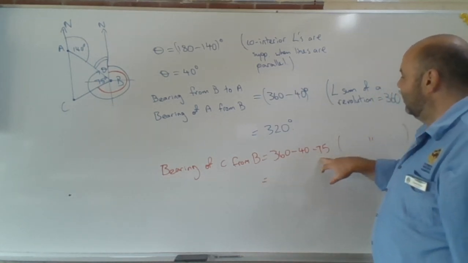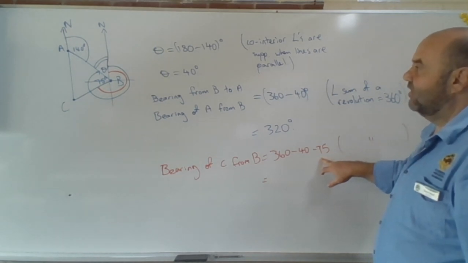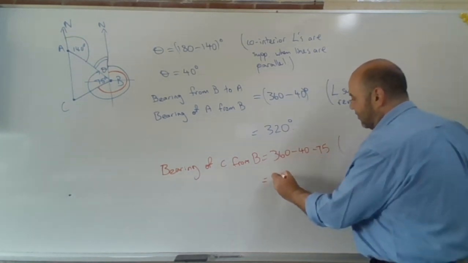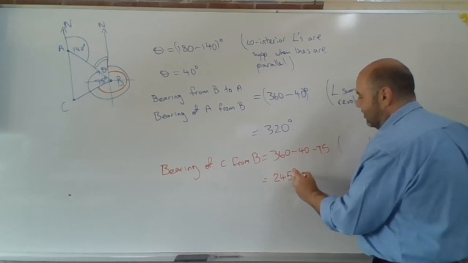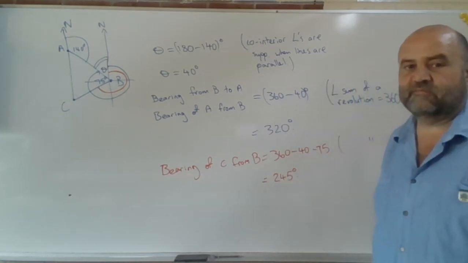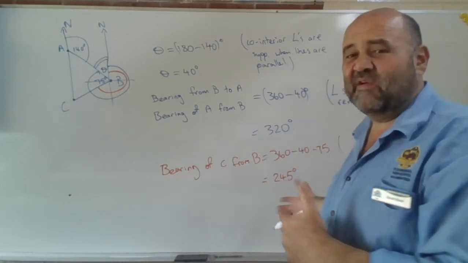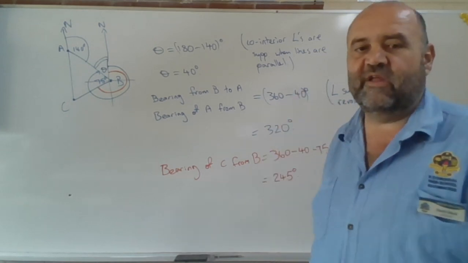What have we got? 320, 250, 245, unless I've made a mistake in my head there, but 245 degrees. Check that with your calculator. I just did that off the top of my head.